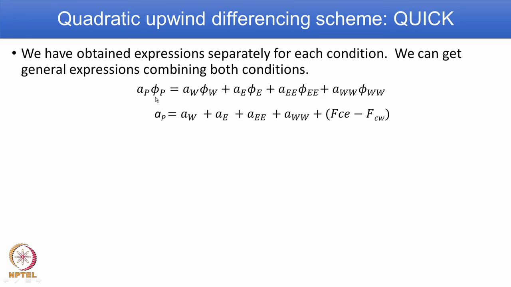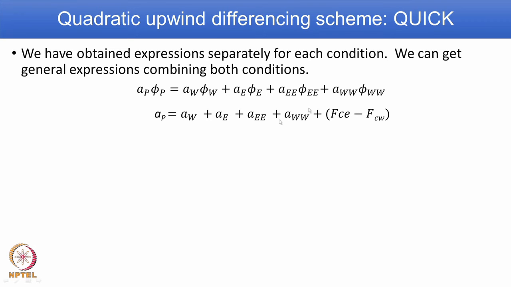That is AP phi P, that is the node of interest, and AW phi W, AE phi E. So, in central approximation or pure upwinding approximation, you had expression only up to here. Now, when you apply the QUICK scheme, you get two additional terms, phi at EE and phi at WW. Correspondingly, AP is related to neighboring node coefficients as shown here.